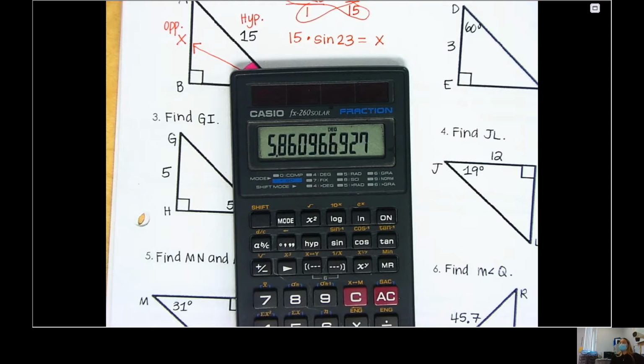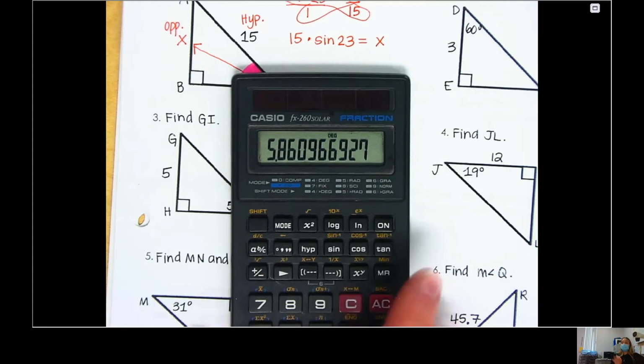Did anybody not get 5.86? Tell me now so I can help you. Anybody not get it? It's okay if you didn't. I need to know now, though. So it's 15 times, thank you, 23 sine equals, right? So it's kind of backwards.